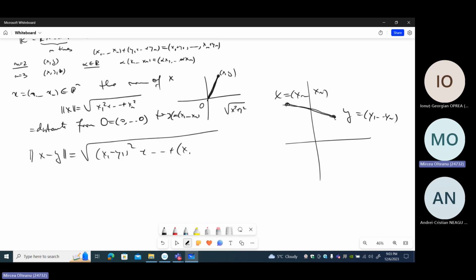So this is the distance between the vectors x and y. x all the time is (x1, ..., xn), y as in the picture, yes?